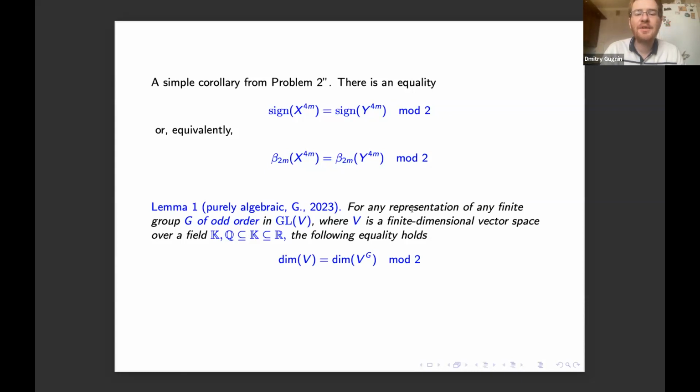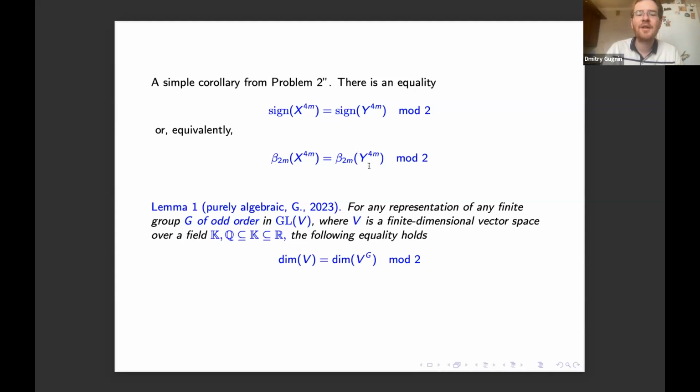So for any representation of any finite group G of odd order in GL(V), where V is a finite dimensional vector space over the field K, where K is between Q and R, the following equality holds: the dimension of the whole vector space V is equal to the dimension of the invariant subspace, modulo 2.